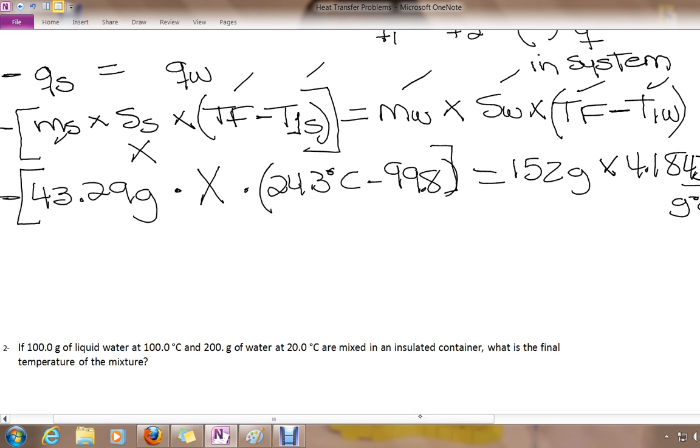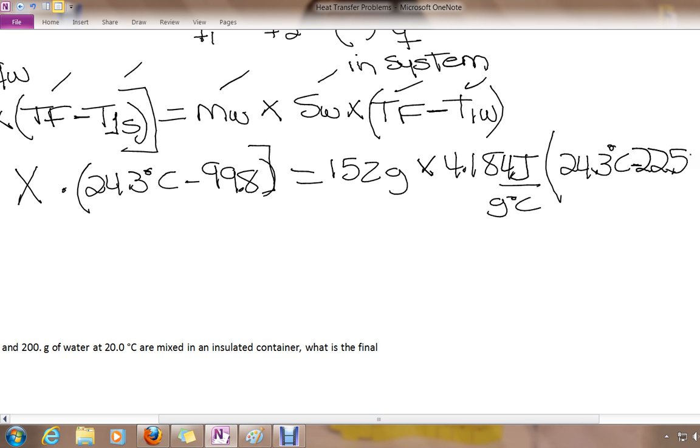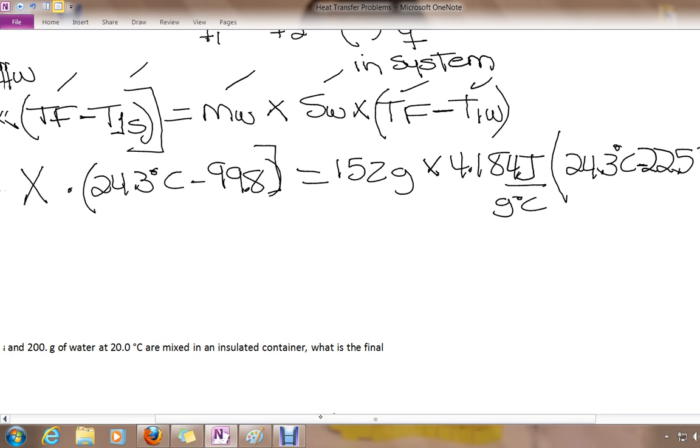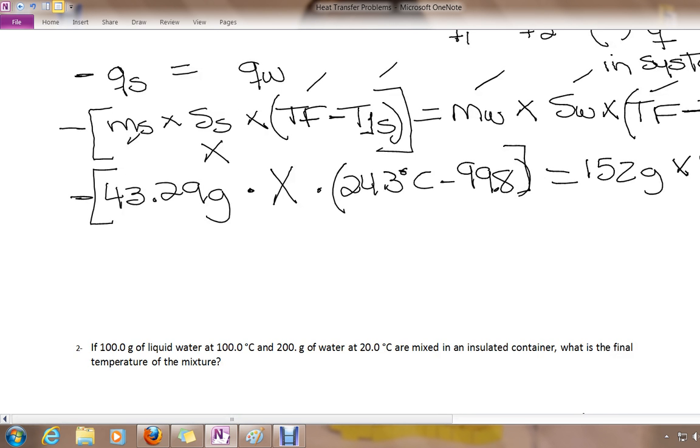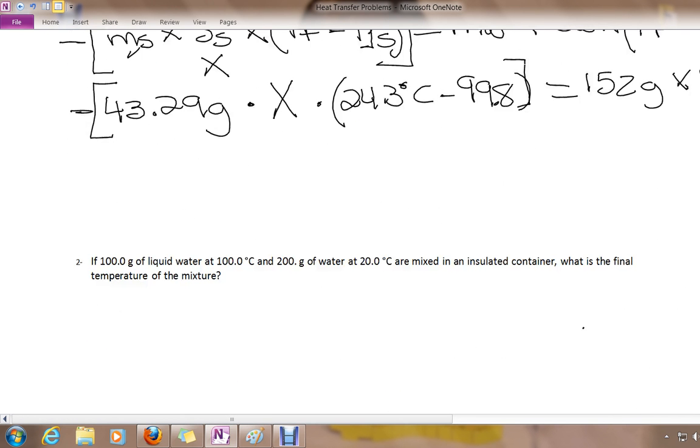And the difference in temperature would be TF, which is 24.3 degrees Celsius, minus the initial temperature of the water, if you remember, 22.5 degrees Celsius. So let's start solving the equation. And just to show you, the initial temperature of water, you see 22.5.